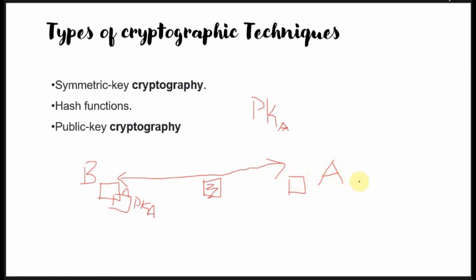Alice will take the private key, which in information security we often represent by SKA, the secret key of Alice. Alice uses her key to decrypt, and then she has the plain text.